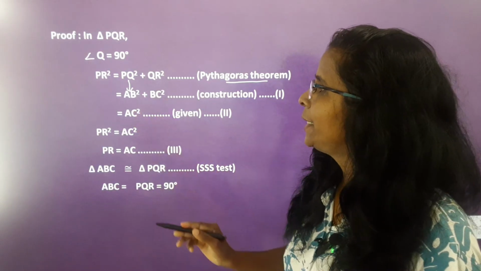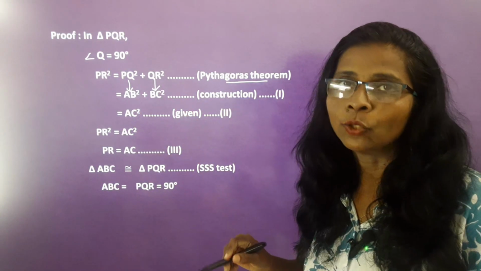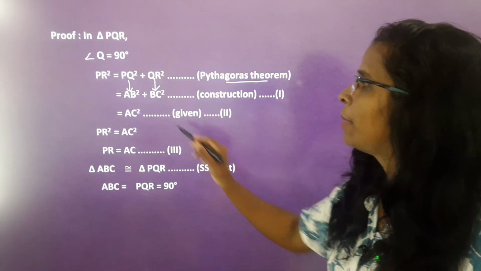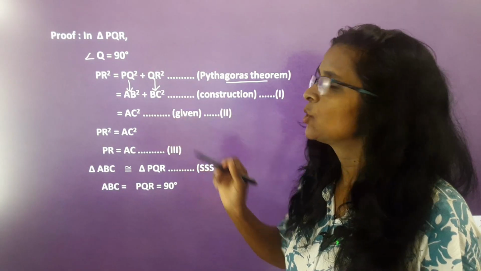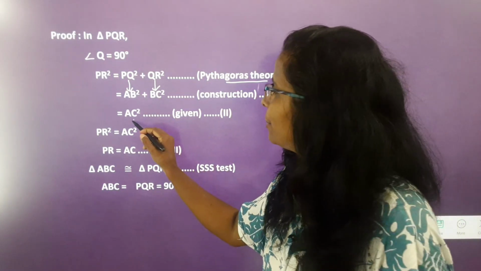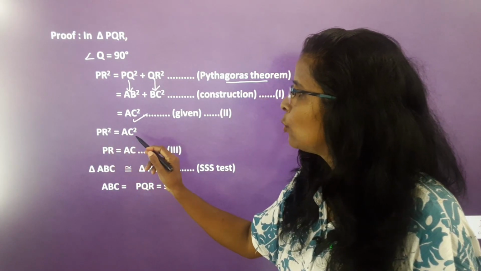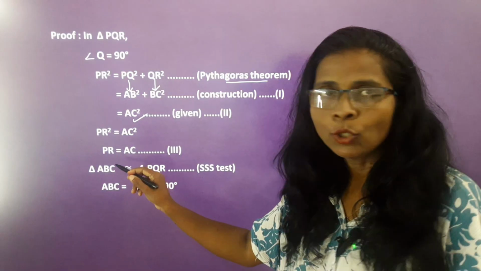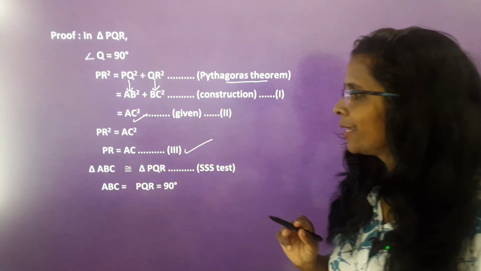QR is equal to BC by the construction, so we replace QR by BC. So we have AB square plus BC square. But AB square plus BC square is nothing but AC square. So now PR square is equal to AC square. Taking the square root on both sides, PR is equal to AC, and call it the third equation.